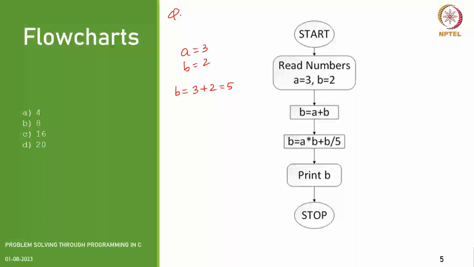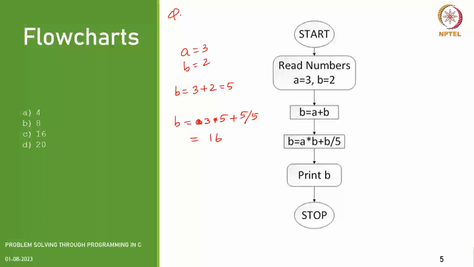Now in the next statement, b is equal to a into b plus b by 5. What is a? A is still 3. What is b? B has become 5, so b is 5 again, divided by 5. So this is 15, this is 1, so total of 16.